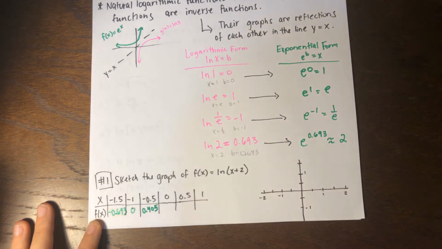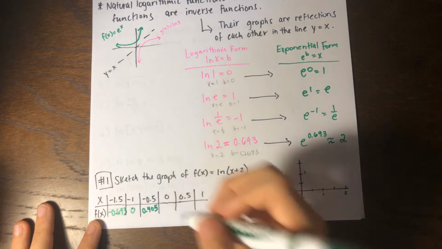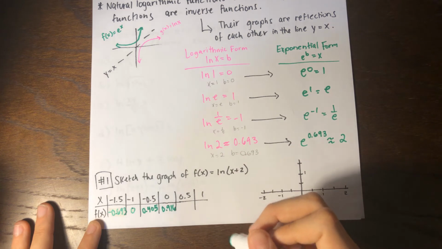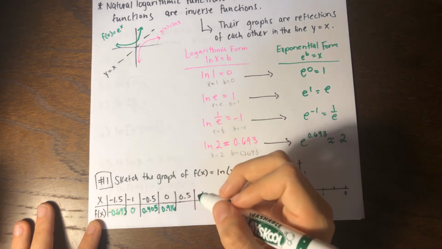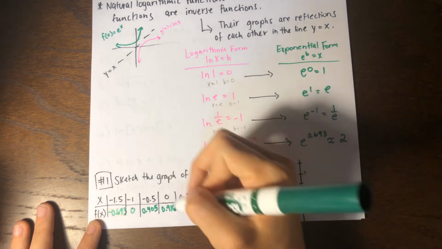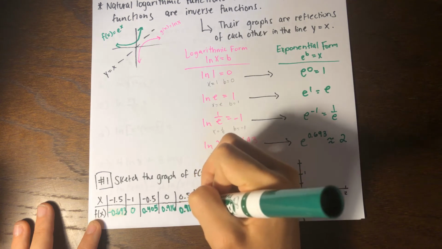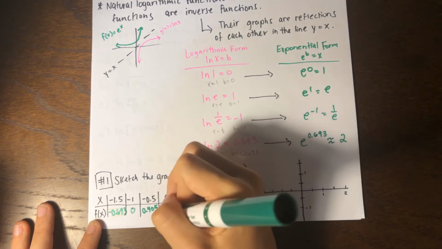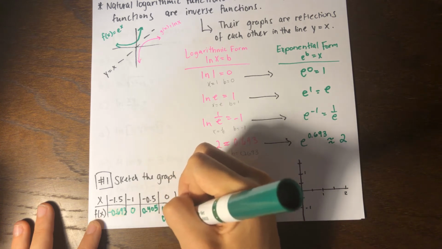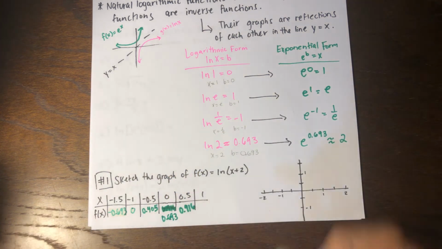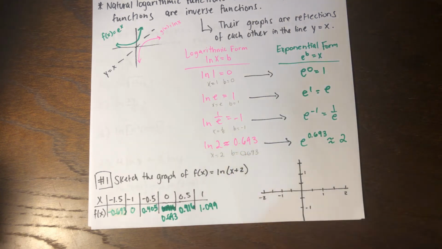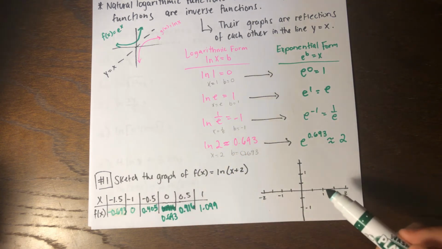At 0, as my x, I get 0.693. Sorry, scratch that, at negative half this one's 0.405, at 0 it's 0.693, and at half it's 0.916. And at 1, you get 1.099. So now I have my x and y values, and I just sketch a graph.